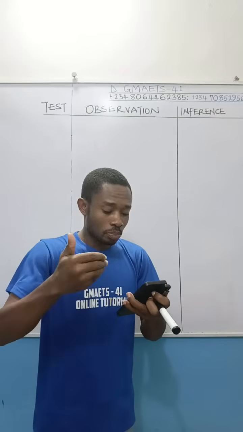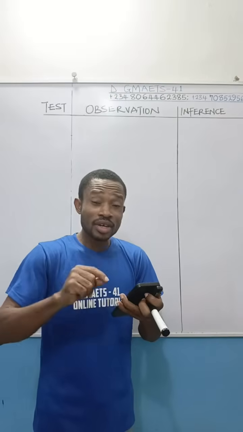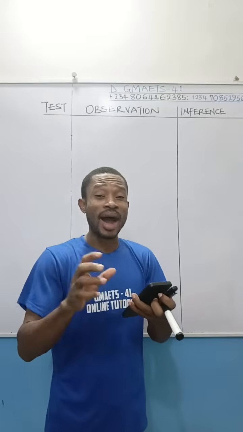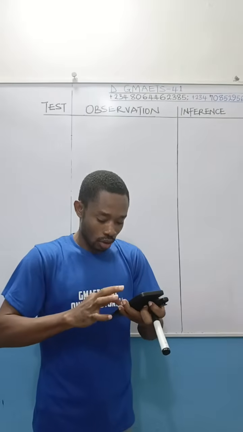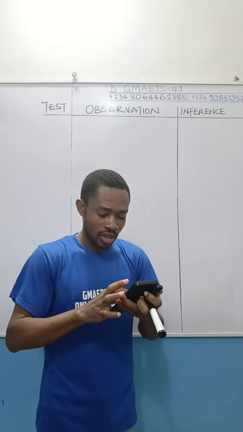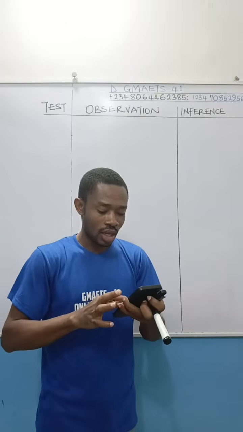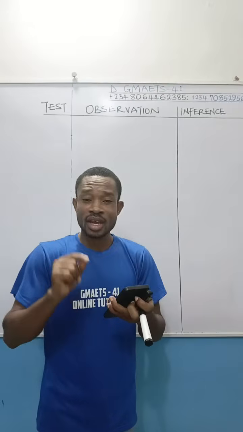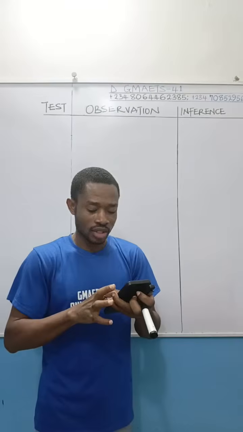To the third portion, add barium chloride followed by dilute HCl. And to the last portion, that is the fourth portion, add silver trioxonitrate(V) solution followed by aqueous ammonia.